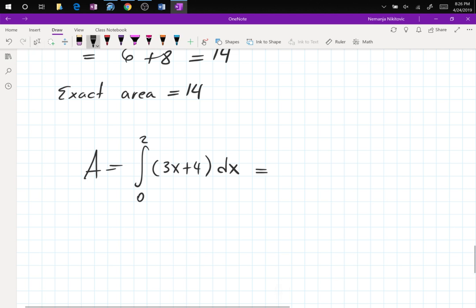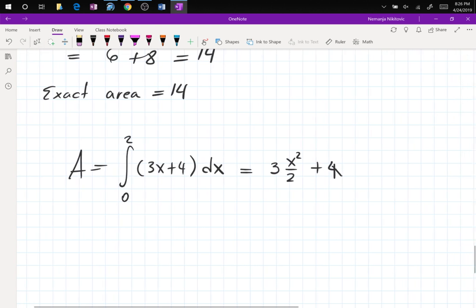Hey, we know how to integrate this stuff. Copy the 3. What was the integral of x? x squared over 2. Great. And what was the integral of 4? 4x. And now, here's what's new. You put a vertical line, 0 to 2.